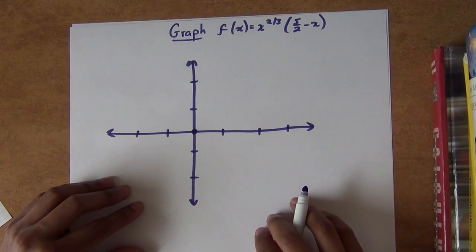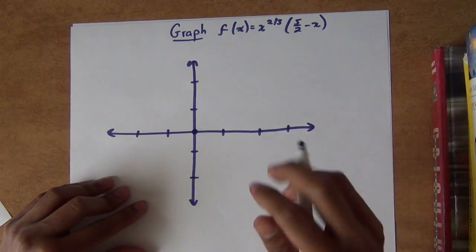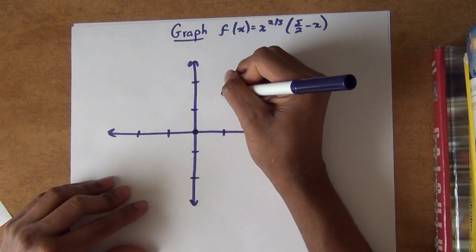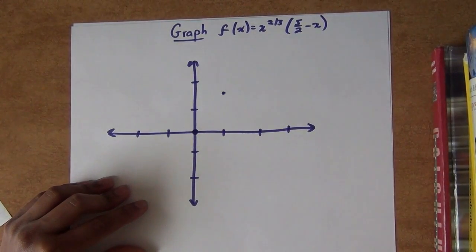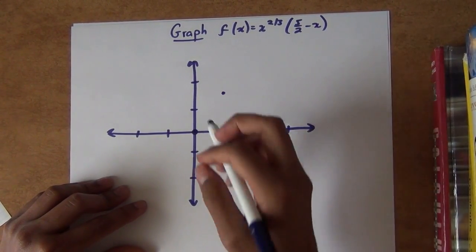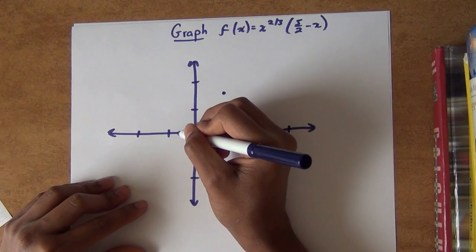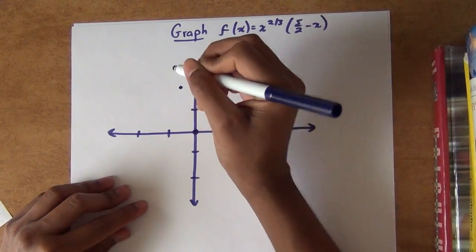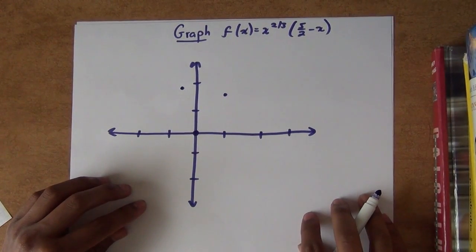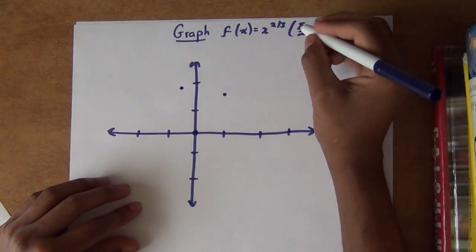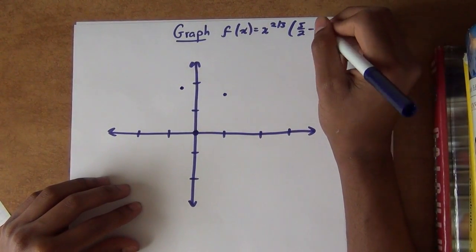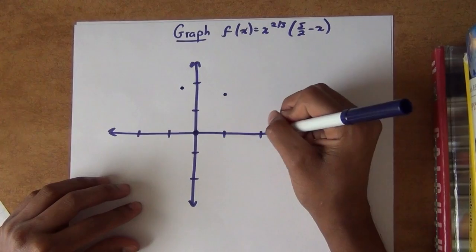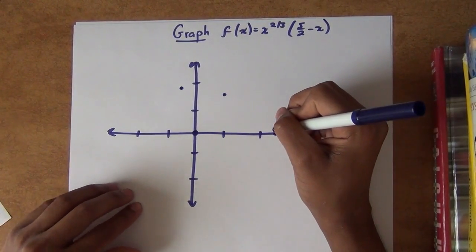Minimum at 0, 0, maximum at 1, 3 halves, 1, 1.5 right there, and negative 1/2, 1.89, so about there. Okay. And then, like I said, we have a 0 at 2.5, so just about right there.